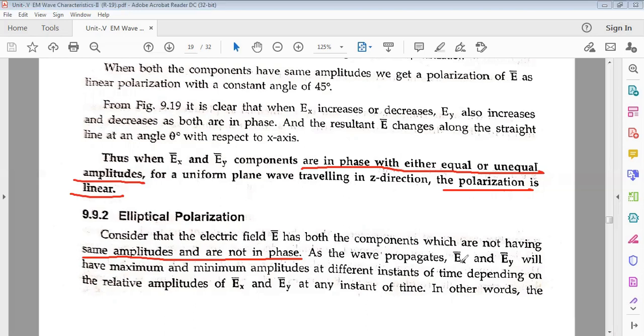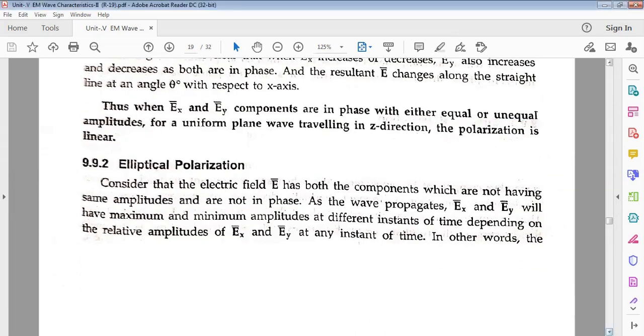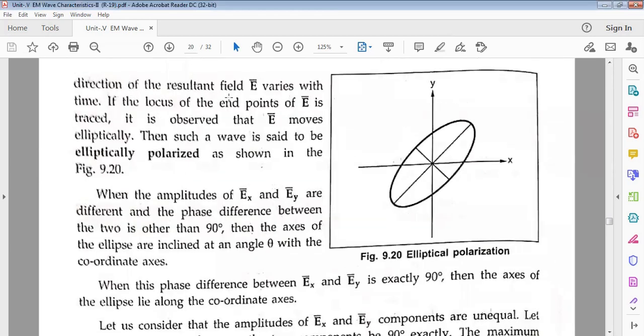As the wave propagates, Ex and Ey bar will have maximum and minimum amplitudes at different instants of time depending upon the relative amplitudes of Ex and Ey at any instant of time. In other words, the direction of the resultant of E bar varies with time.